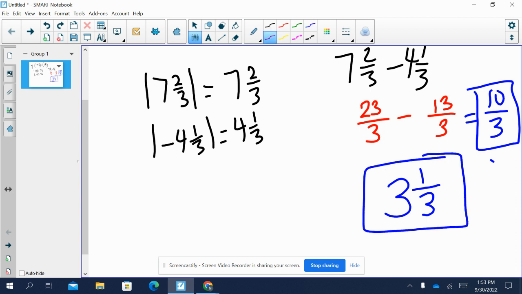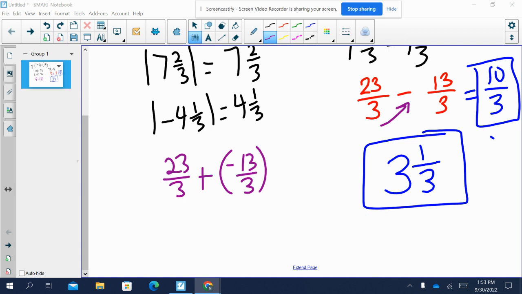Now, this was a subtraction problem, so I could have changed it to an addition problem: 23 over 3 plus negative 13 over 3. And I could have applied the addition rules.